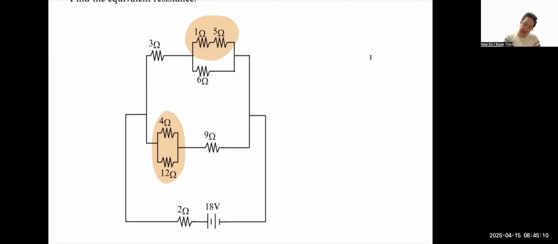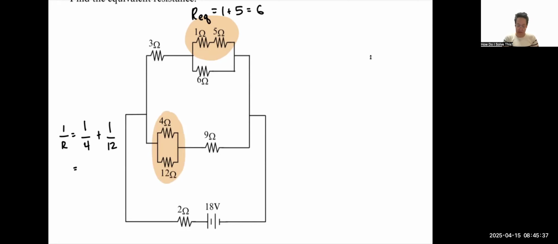Now, up here, I know that my total resistance is just 1 ohm plus 5 ohms, which is 6 ohms, because they're in series. It's just simple addition. Down here, I have a little bit more difficulty. 1 over the total resistance of that structure is going to be 1 over 4 plus 1 over 12.